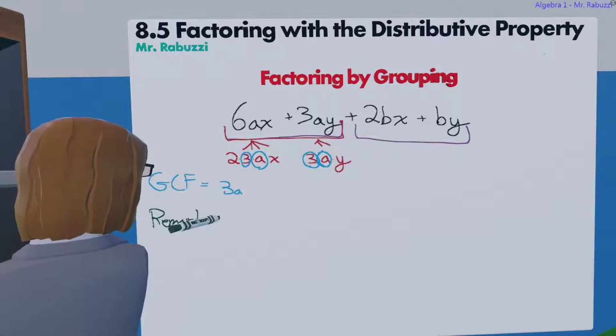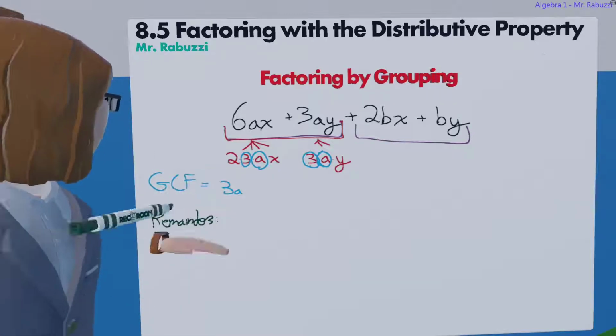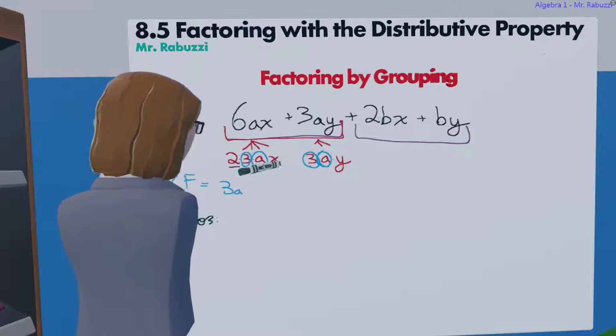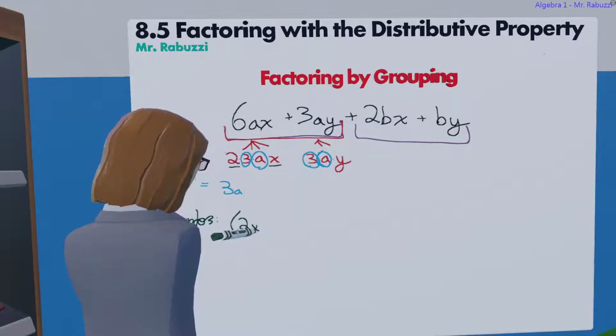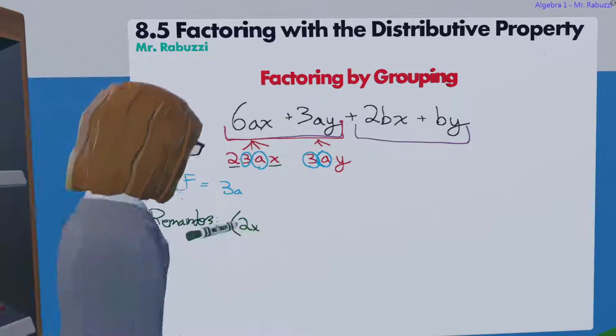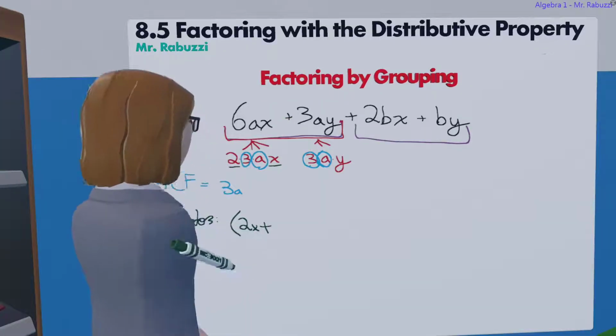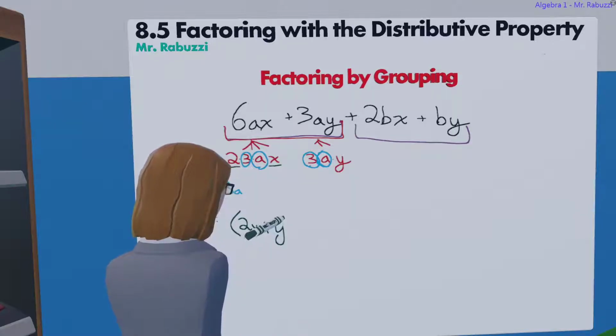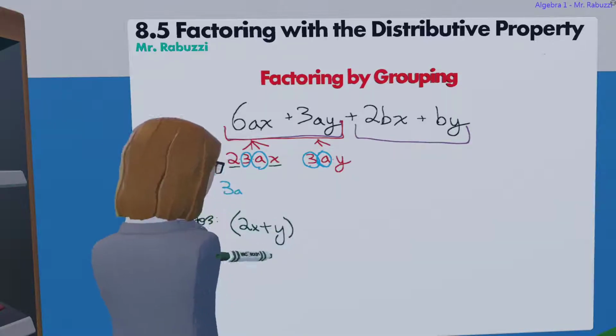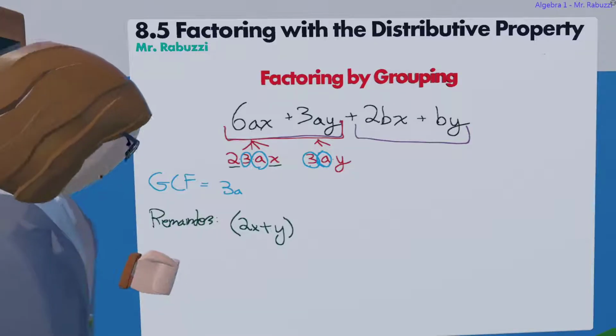What are the remainders? Well, we have a 2 and an x left over. 2x. We got a plus y. Two x plus y.